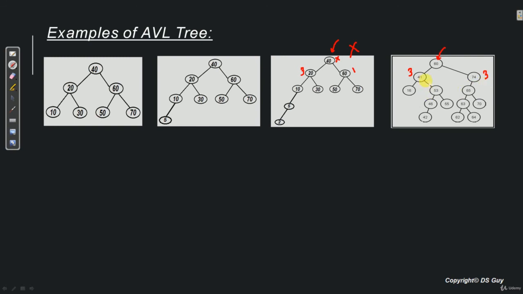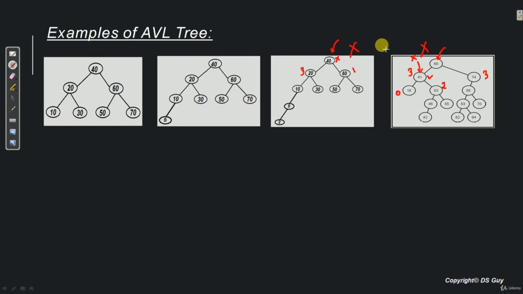Now let's see this node over here. The height of the left subtree is 0. The height of the right subtree is 1, 2. 2 minus 0 is 2. That is, this node over here is not following the property of an AVL tree. So we can say that this entire tree is not an AVL tree.